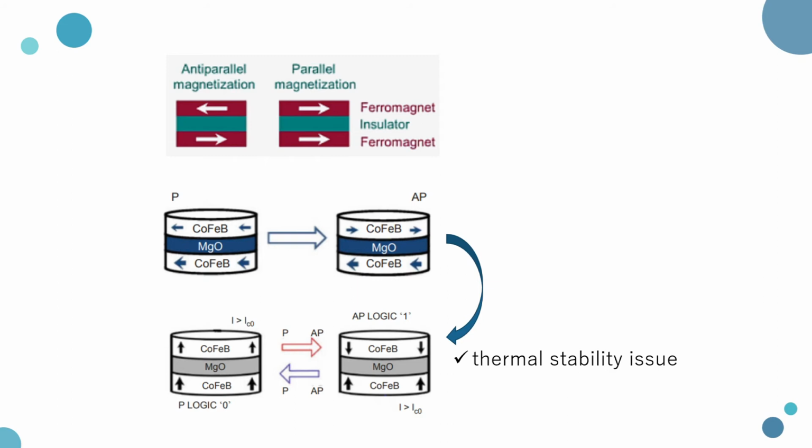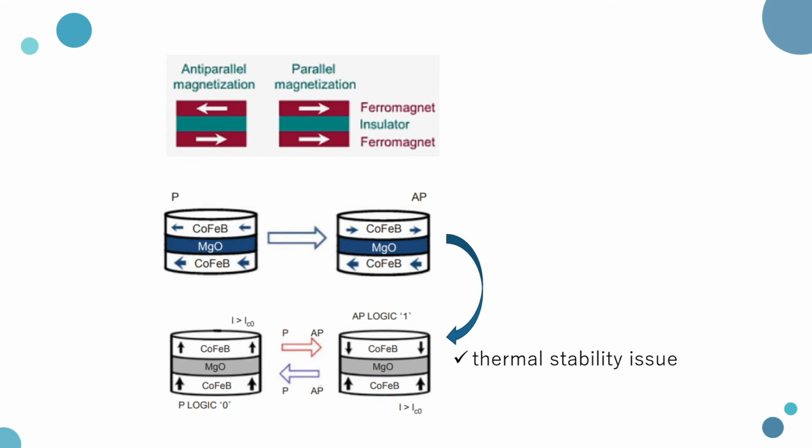However, due to local thermal disturbance, the coercivity of the magnetic layers may be reduced significantly, and the effect will relate to a deviation of switching when the magnetic tunnel junction is weak.